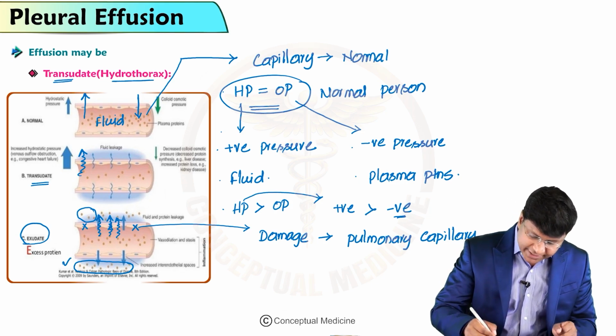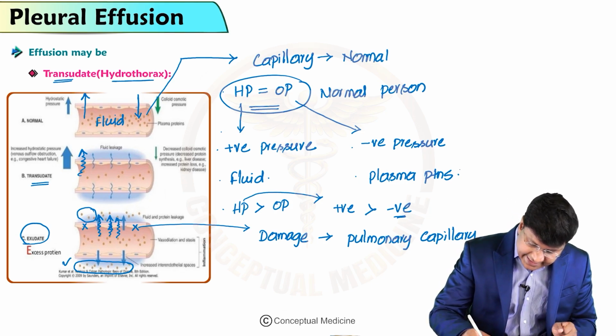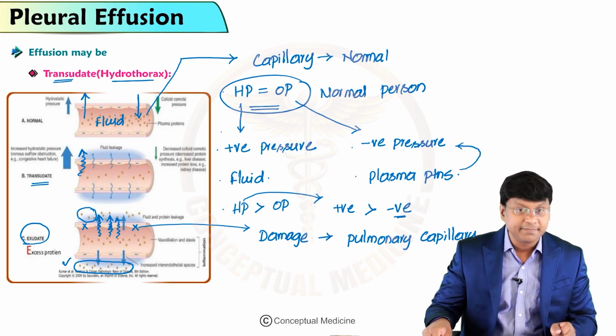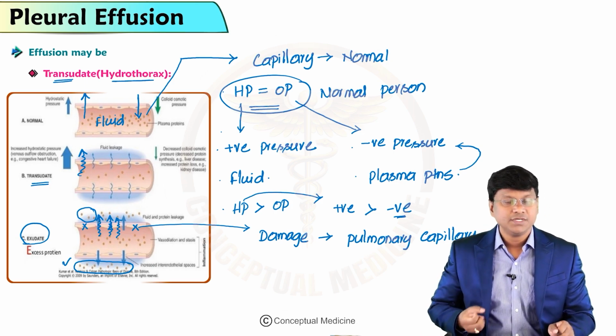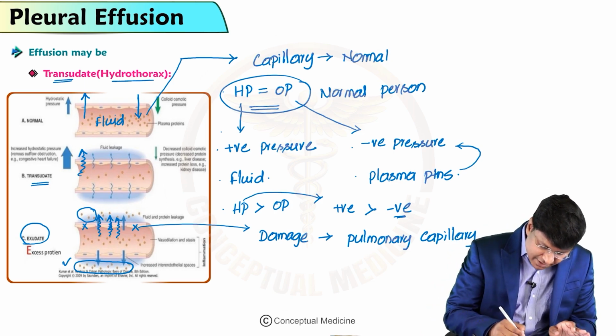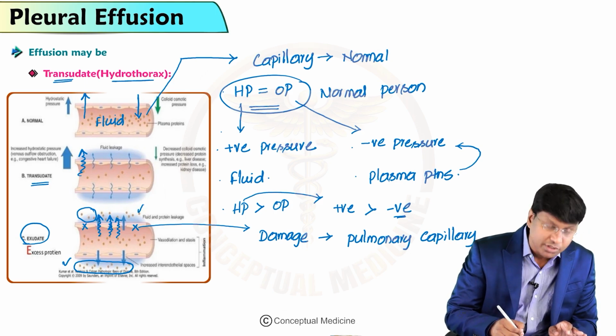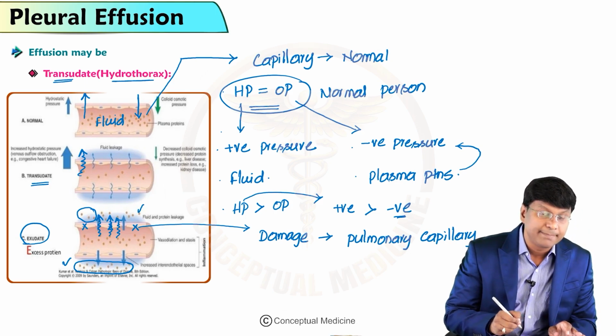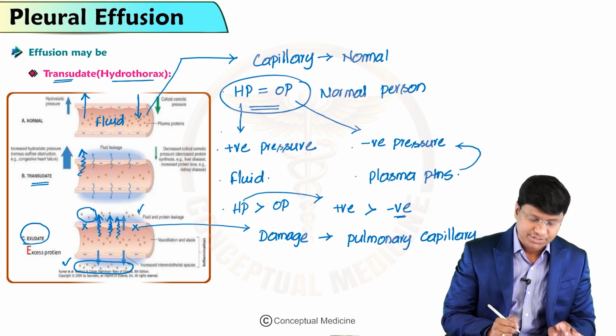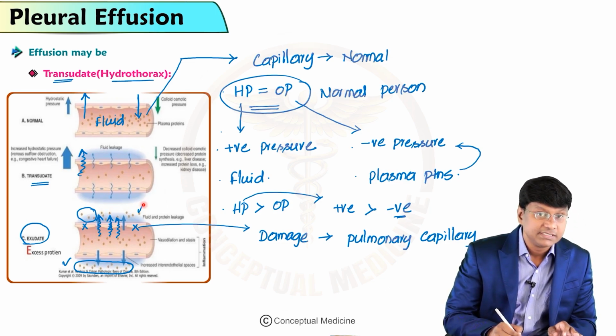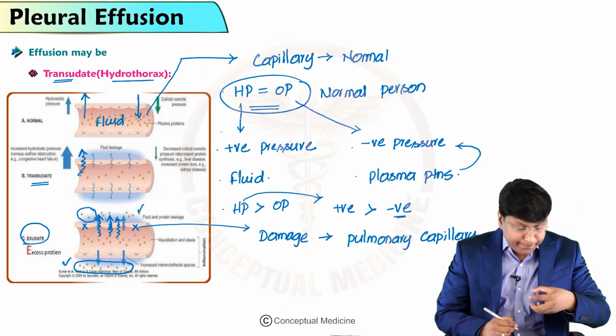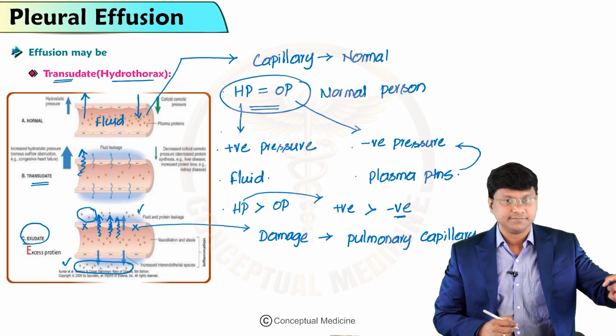Now, plasma proteins, what do they exert? They exert the negative pressure. That means they pull the fluid. So similarly, when the plasma proteins are leaked out of the vessel due to the pulmonary capillary endothelial damage, they pull the fluid outside the vessel.